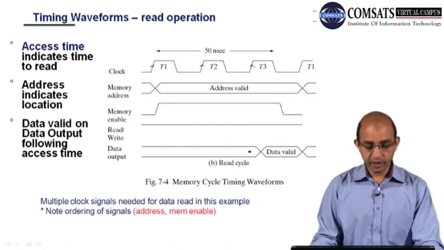So the steps are the same. First we generate the address, then we enable the memory, then we read the corresponding location, and the output data has to be made available.